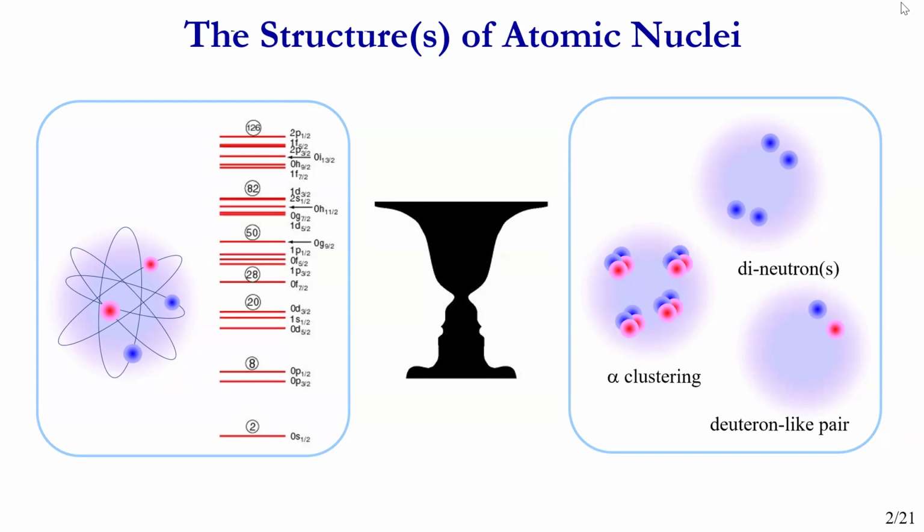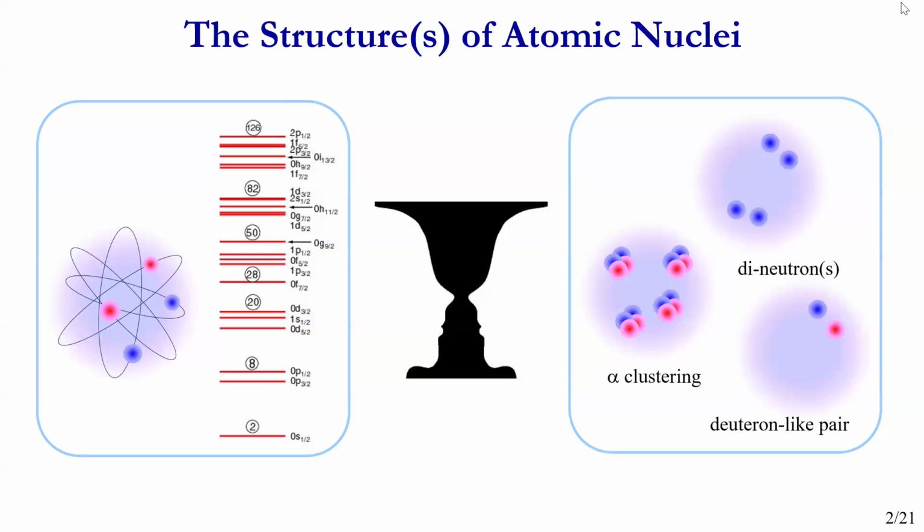Intensive studies so far revealed that only 60 or 70% of atomic nuclei can be understood in this picture on the left. It is because we have many nucleon correlations that cannot be treated in the single particle picture. There are many types of correlations, but on the right, I show some examples.